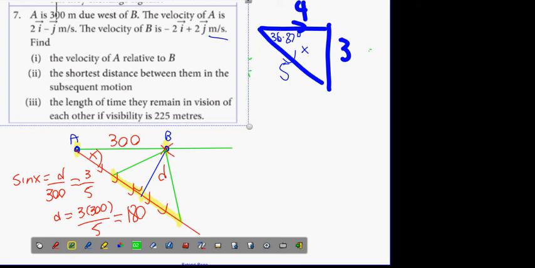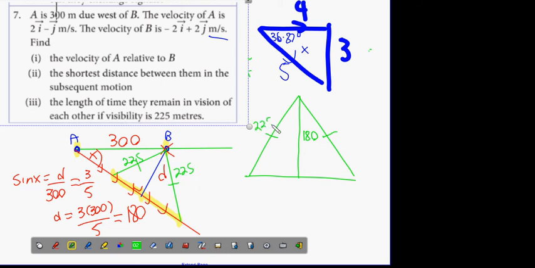What we can do next is form a triangle, and it's going to be an isosceles triangle because these two lengths are the same. We know that this here is 180, and we also know that the visibility is 225.